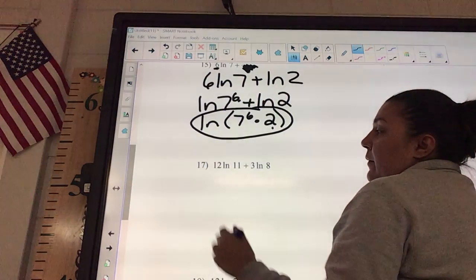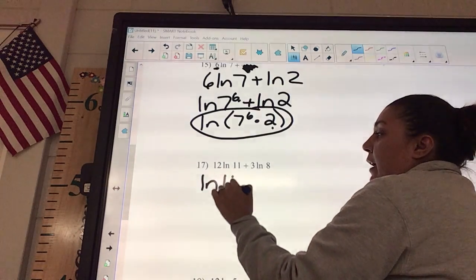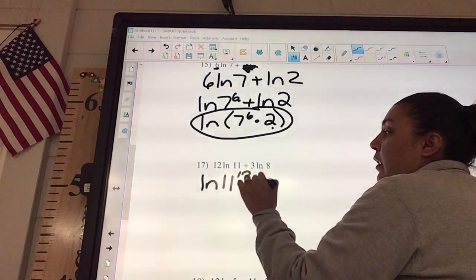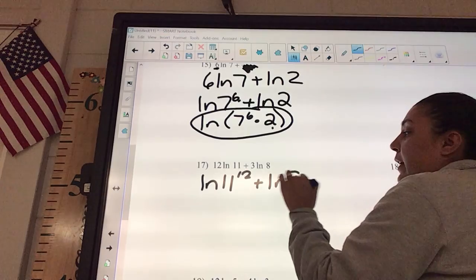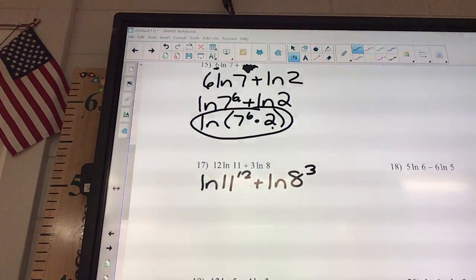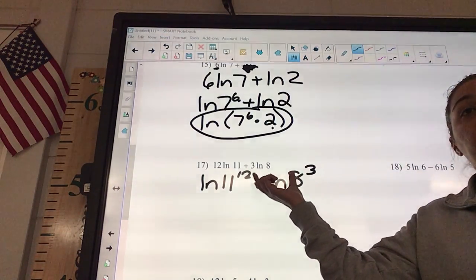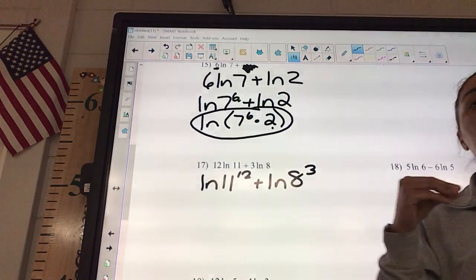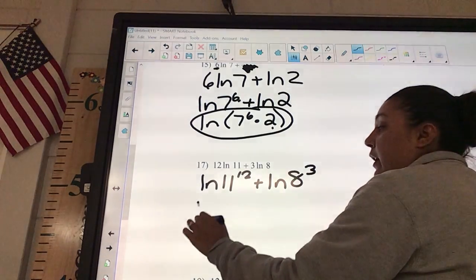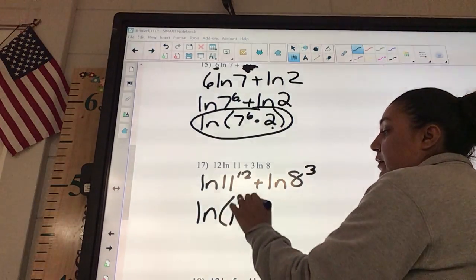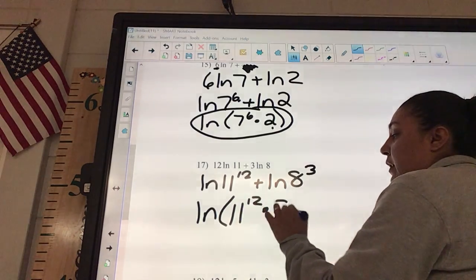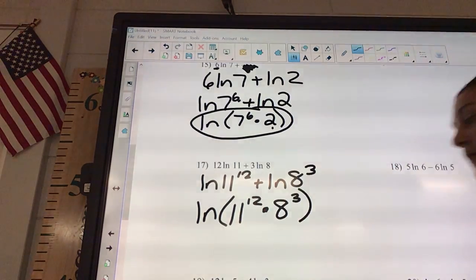Okay, 17, you've got natural log of 11 to the 12th plus natural log of 8 to the 3rd. So, Janaya, do these have a power? Yeah. That means we don't combine them. So you're going to get natural log of 11 to the 12th times 8 to the 3rd.